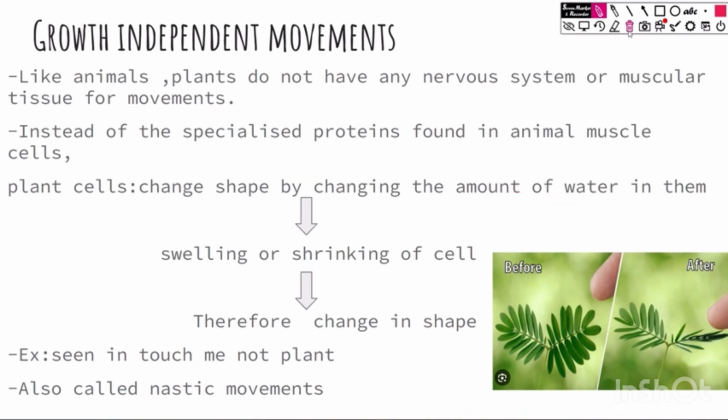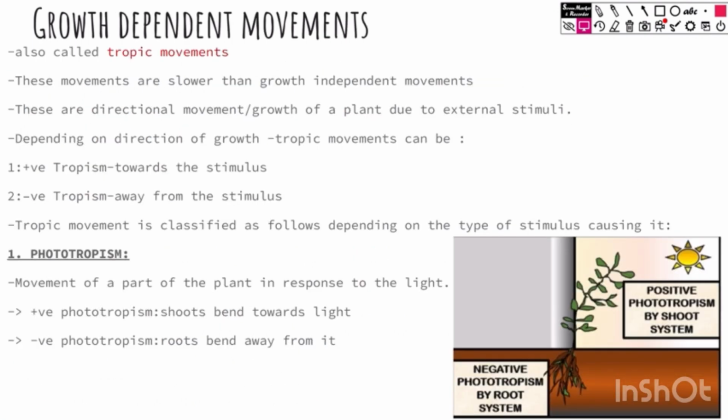So these were the growth independent movements, which are not occurring due to growth. The reason behind them is not growth. The reason is some external stimulus triggering them to occur. Next, coming to growth dependent movements. These movements are triggered by growth of the plant.